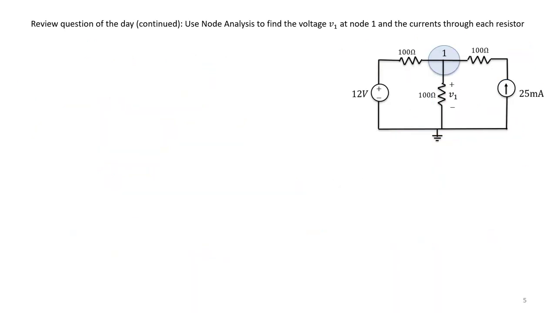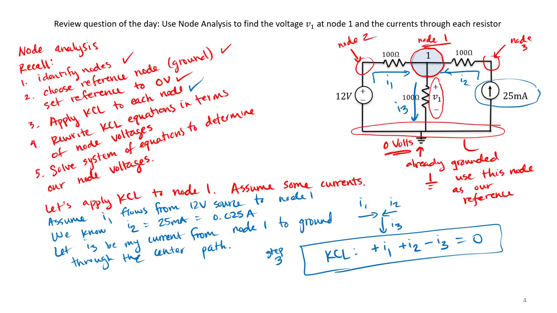Okay, so let's continue with our process. We have our Kirchhoff's current law equation. So remember, we determined that we had plus I1 plus I2 minus I3 equals 0. Our next step is to rewrite that equation in terms of my node voltages.